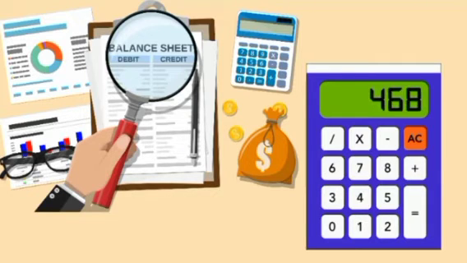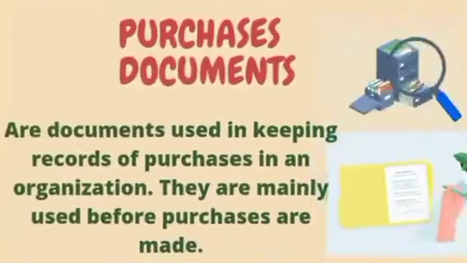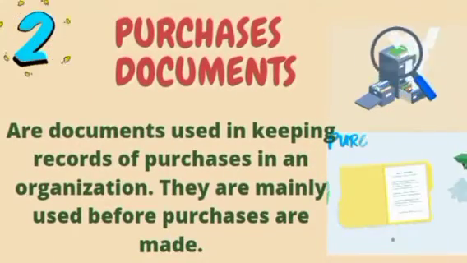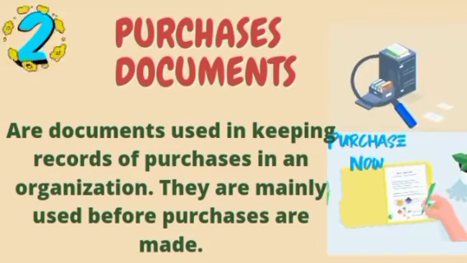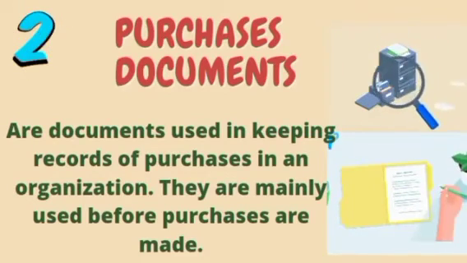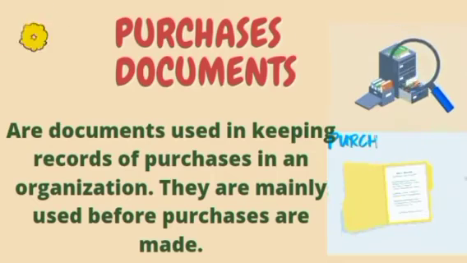The second type is the purchases document. These are simply the documents used in keeping record of purchases in an organization or a company. They are mainly used before purchases are made.